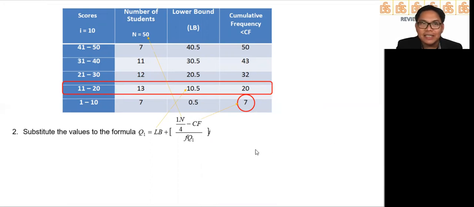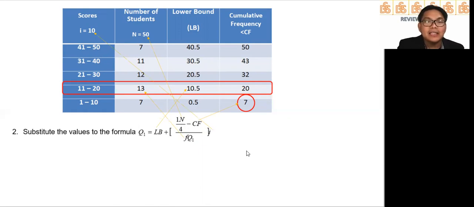Okay, so I hope that is clear. And then the frequency, which among the frequencies will you consider? It's actually the one inside the box. And I, what is I? No doubt, I is the interval, which is 10. Okay? So I hope you see clearly the yellow arrows.